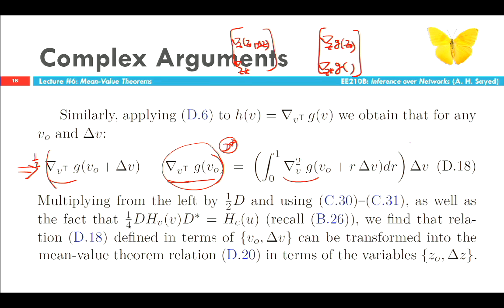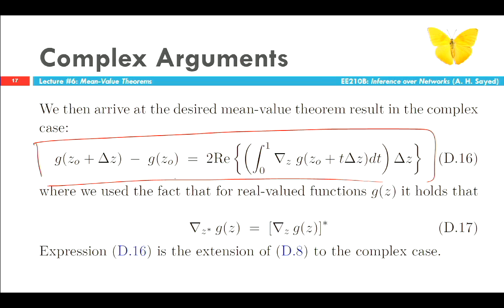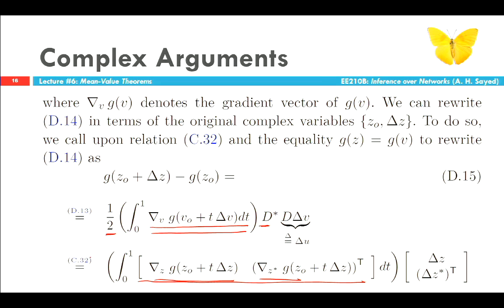Okay, so I had to multiply by d star, from, sorry, here I should have multiplied from the left. If you go back, because this is gradient relative to v times d star from the right, I should have multiplied it by the transpose of it from the left, actually, because of the gradient relative to v transpose.